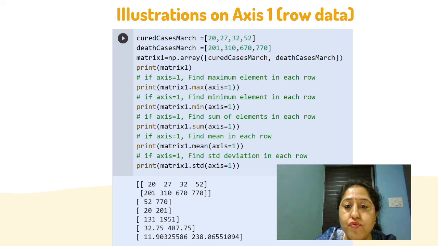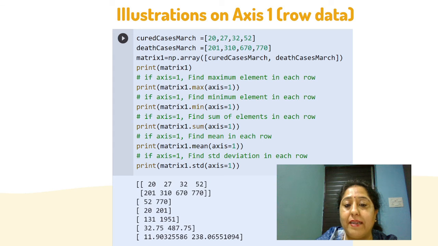Since we have two rows here, we will have only two different outputs, and those outputs will be stored in a row vector. Look at what we are getting back as an output. First value, 52, is the maximum element from row 1. And we are getting the output as 770, which is the maximum from row 2.